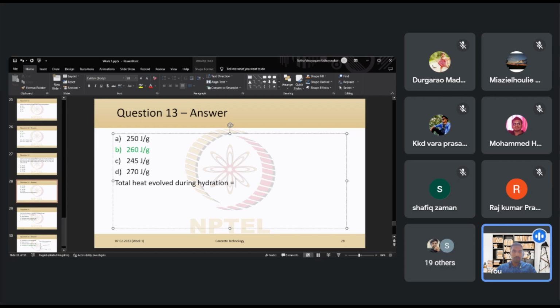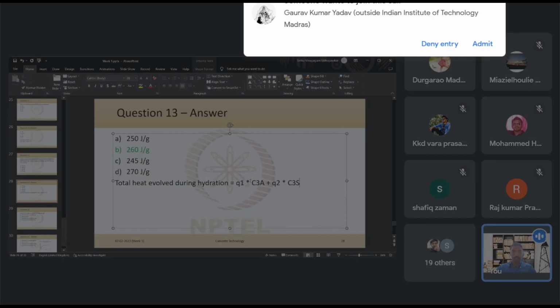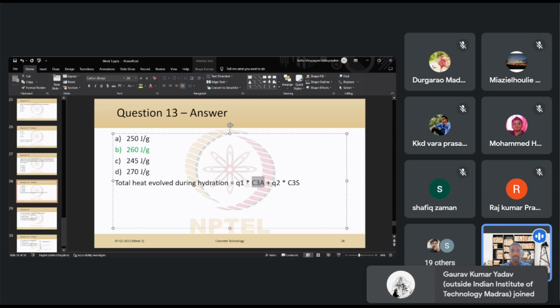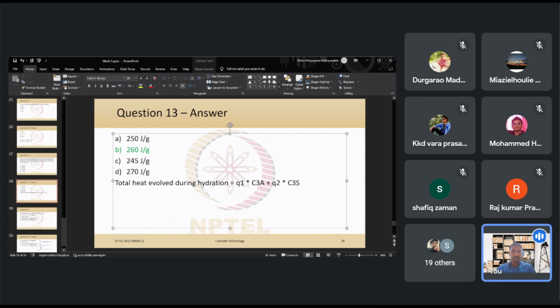Say Q1 is the rate of heat of hydration for C3A, and let us say Q2 is the rate of heat of hydration for C3S. The rate is multiplied with the mass that is getting hydrated. The rate is nothing but, per unit mass, how much heat is getting released. So if x grams is going to react, it will be x times that rate.